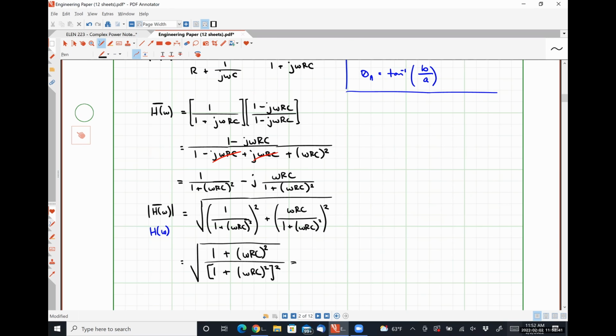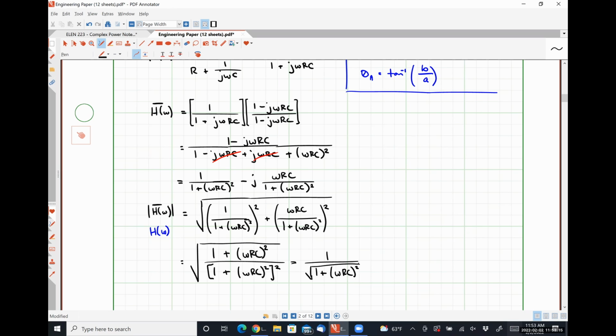And obviously then I can factor out a common factor, leaving me with 1 over the square root of 1 plus omega RC quantity squared. So this is what my actual magnitude response is, okay? There are no j's or anything in it, which there obviously shouldn't be, since there shouldn't be any imaginary operators in the magnitude.